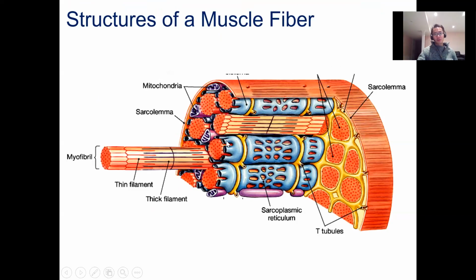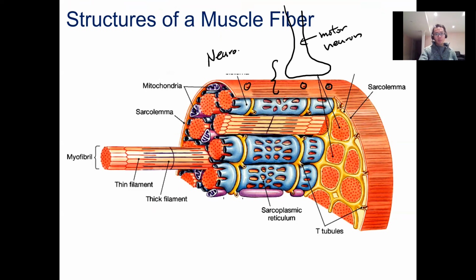This is just another view of the entire muscle fiber. You can see all the T tubules. Eventually, the T tubules all go up to the top, with the opening. So what's going to happen is you're going to have a motor neuron coming in like this, motor neuron. And this here is called a neuromuscular junction.